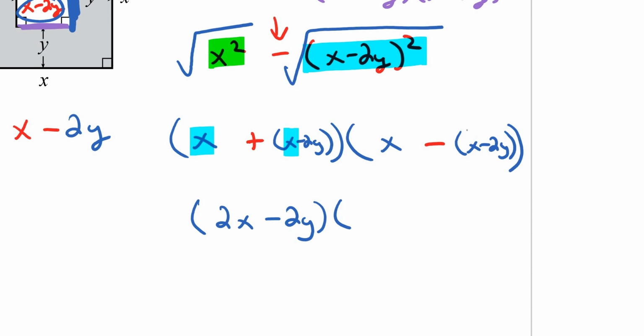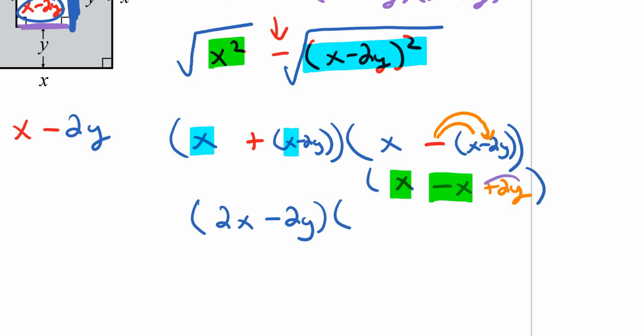And if I distribute the minus sign here, that's going to be negative x, and this minus sign goes over there, so I get plus 2y. You'll notice that this x and that x cancel each other off, and you're just left with the 2y over here.